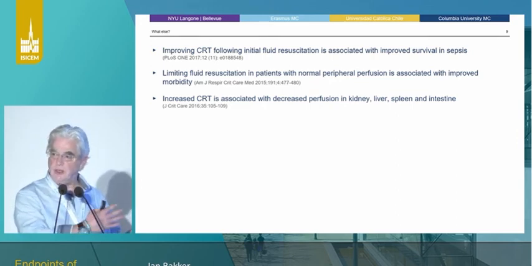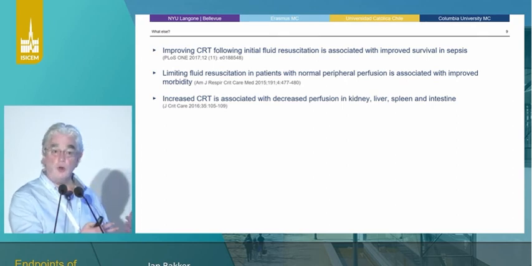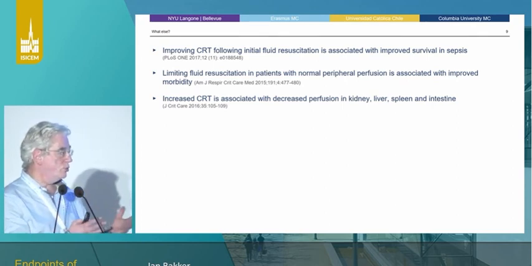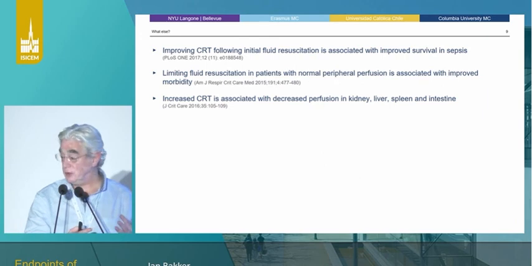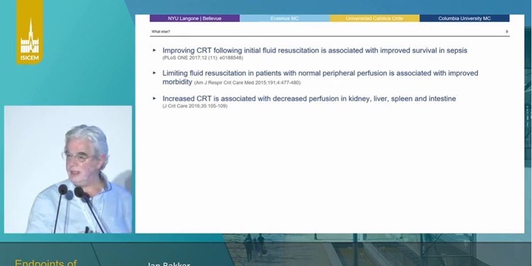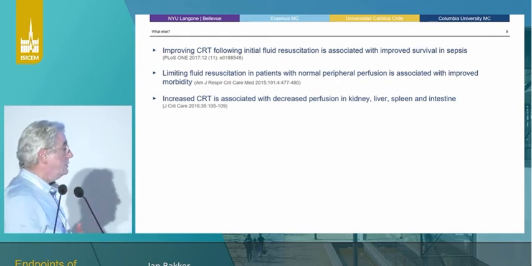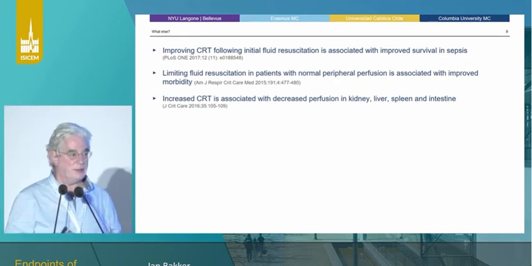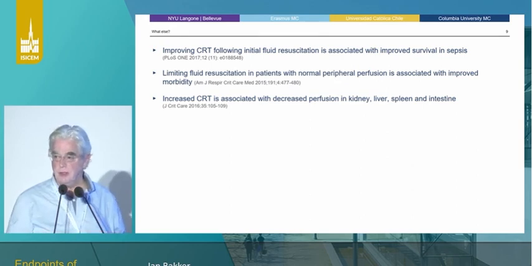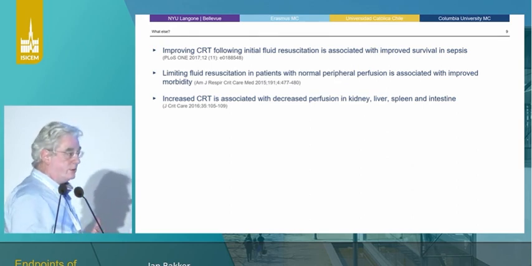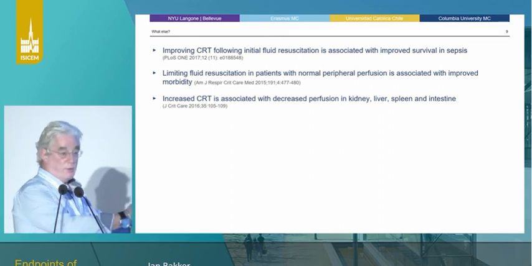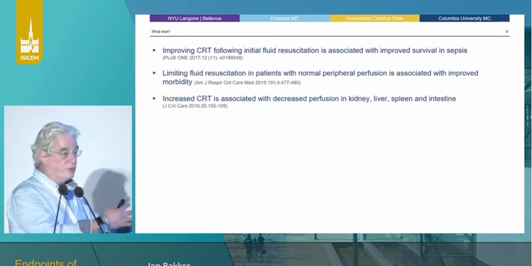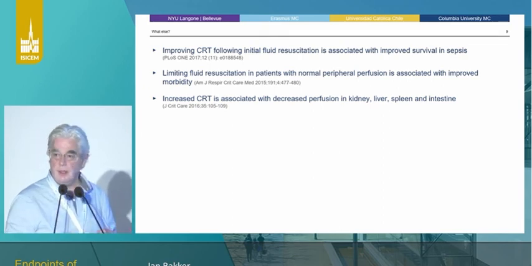If they don't normalize their capillary refill time, their mortality is around 50%. A clear indicator that a rapid correction of your hypoperfusion parameter, just as simple as capillary refill time, can select a group of patients that are very different from the other group. The responders are probably a very different phenotype than the non-responders.